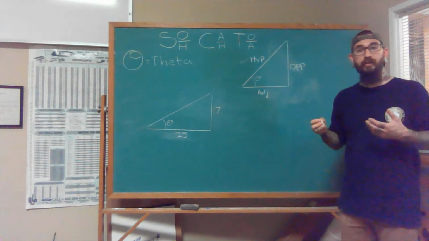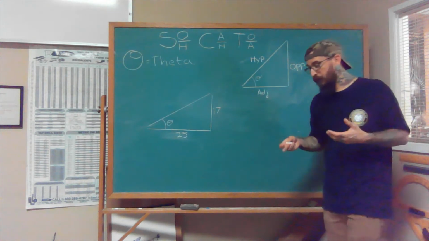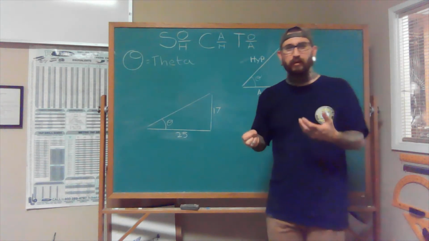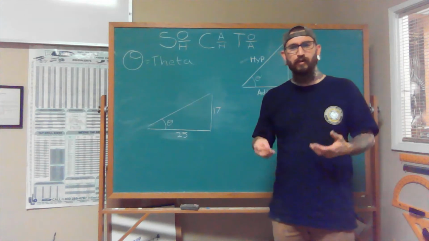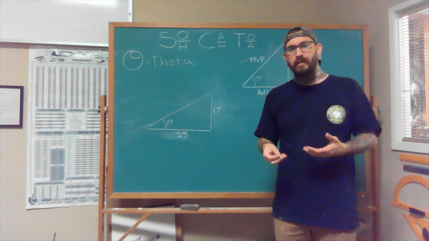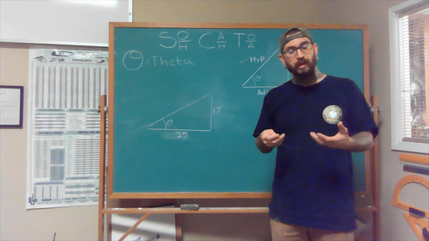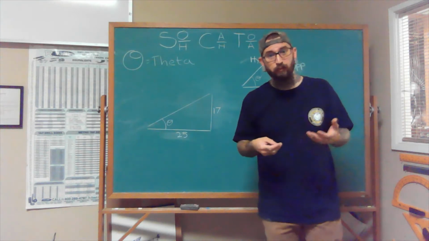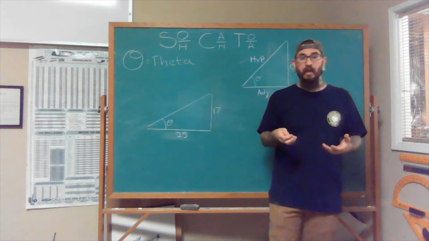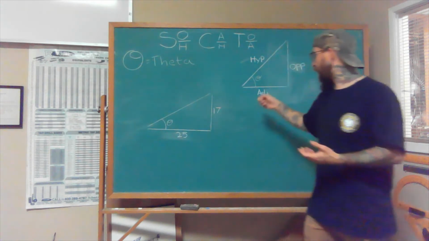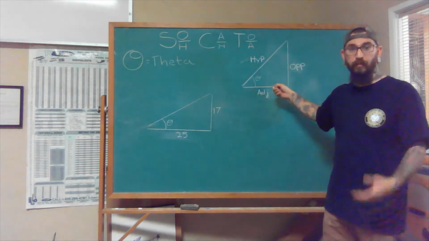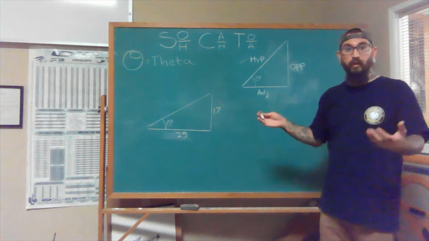So what does that really look like? Like I said in the video before, an important way to look at trigonometry is as a measurement of ratios. We talked about the right triangle, the 45-degree triangle, and how each leg on a 45-degree right triangle is going to be 1 to 1.